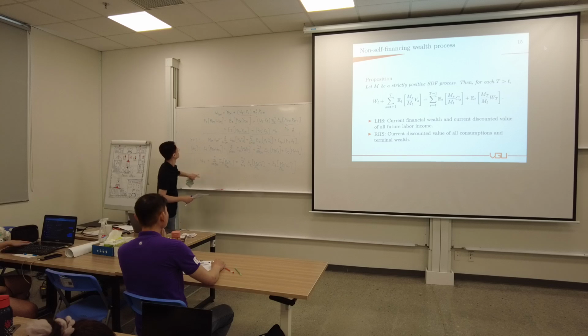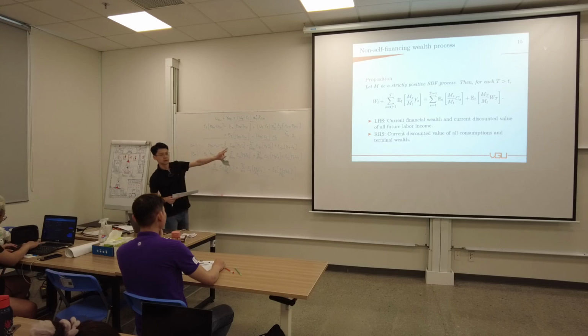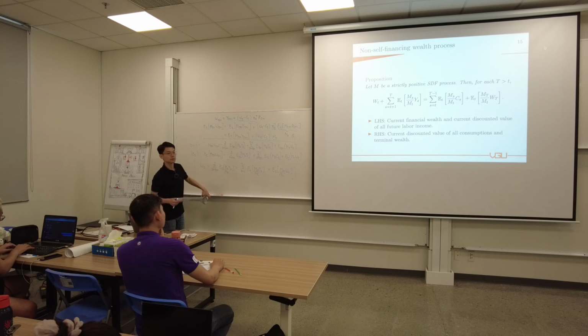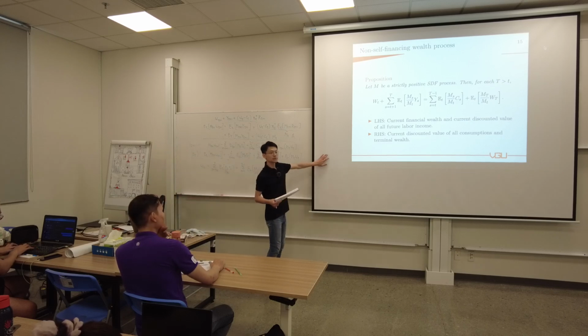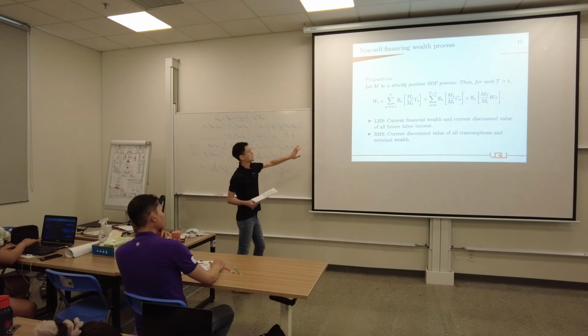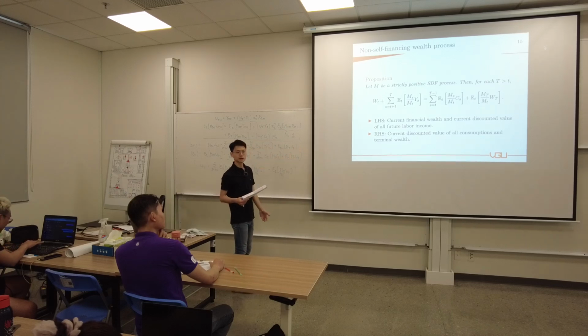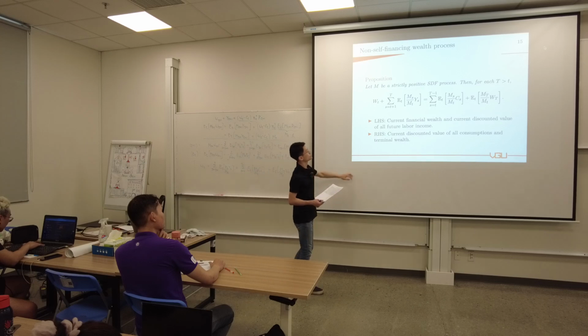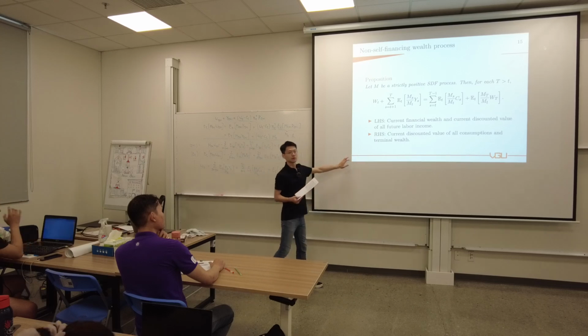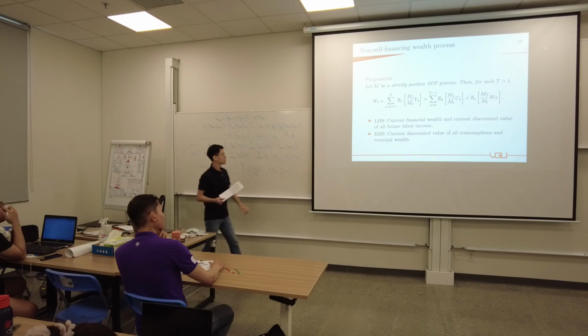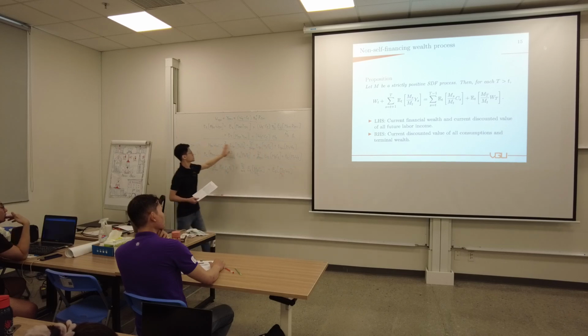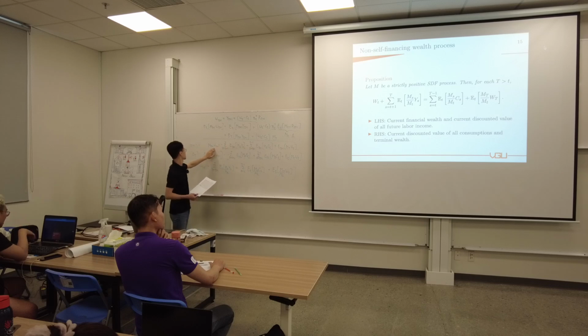So what are we doing here? We want to prove that this equation is true by induction. We start with capital T. We know that at capital T, this equation is correct. We assume that it is also correct for τ plus 1, so we get this equation.